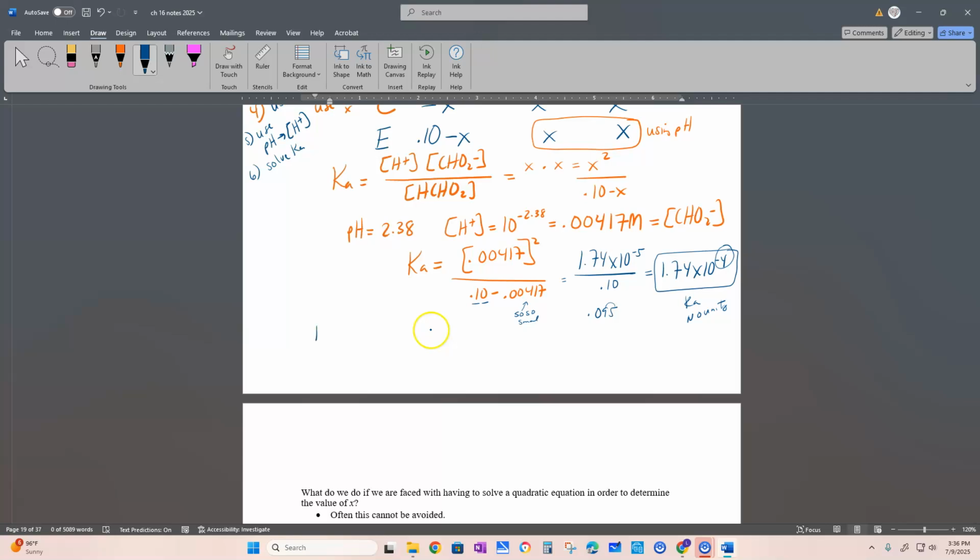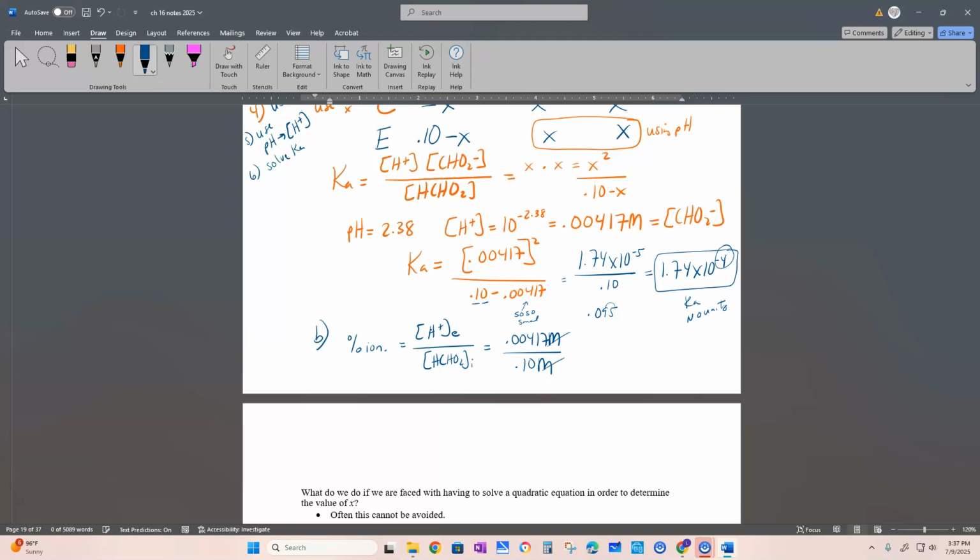So our X, here's part B. So we write first the equation. So percent ionization, and you can abbreviate it, the H plus at equilibrium, okay, over the initial acid. Well, make sure you write the actual acid formula, and then we put little i. Well, H at equilibrium, this equilibrium is the X's, okay, because remember, we just solved for X. So I'm going to take that X 0.00417 molarity over the initial acid 0.10 molarity.